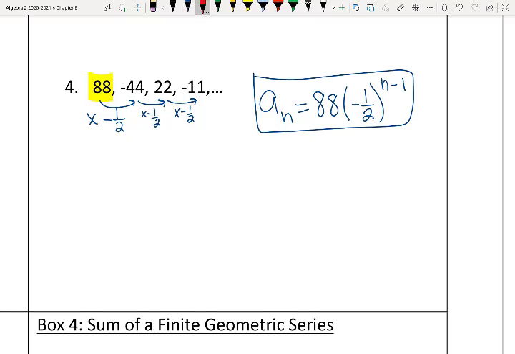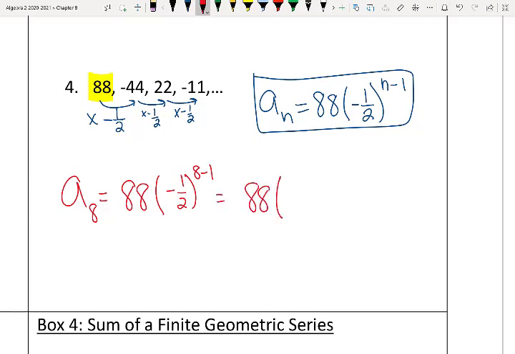Now again, finding my 8th term, a sub 8, I'm going to plug in 8 everywhere I have n, so 88 times negative 1/2 to the 8 minus 1 power, which is 88 times negative 1/2 to the 7th.